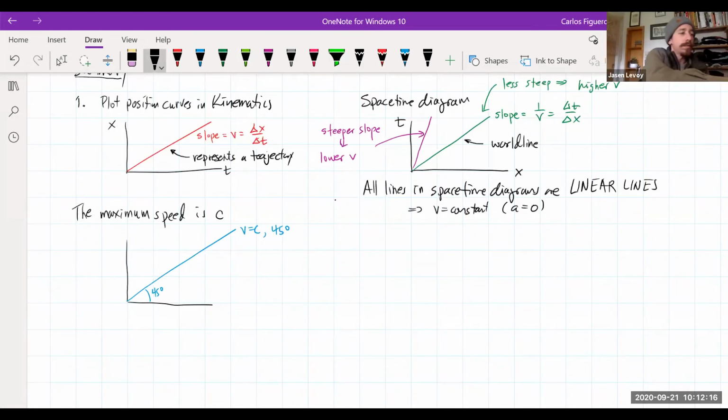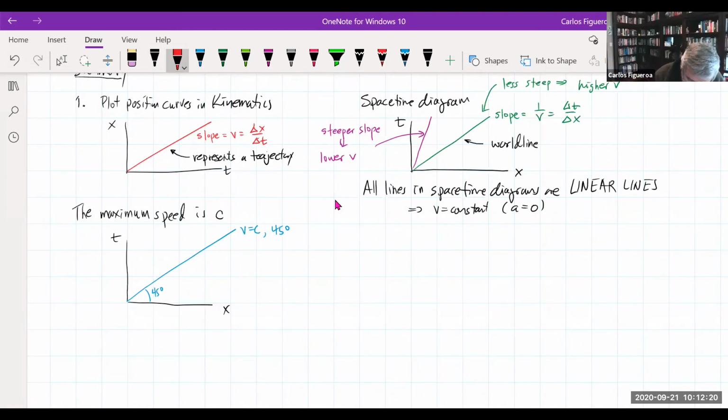So you could see that in space-time, any world line has to be along here. So what we're saying here is that no world line can travel at c unless massless.